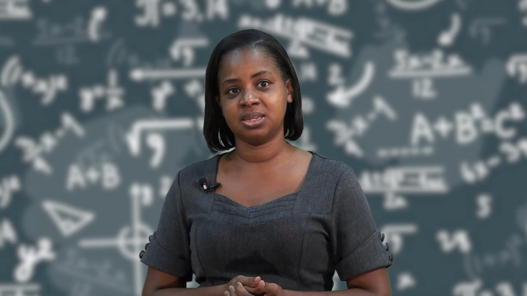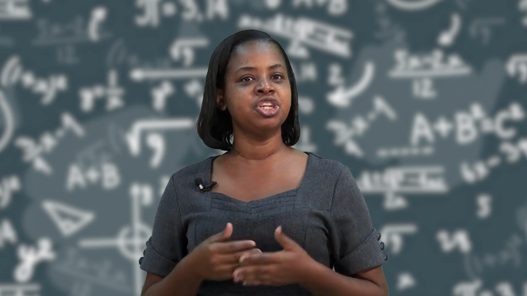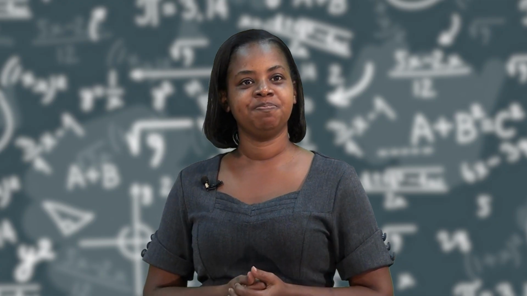No, it is not. For each equation, the variables are the same, but the isolated variable is different. This is what is meant by changing the subject of a formula.